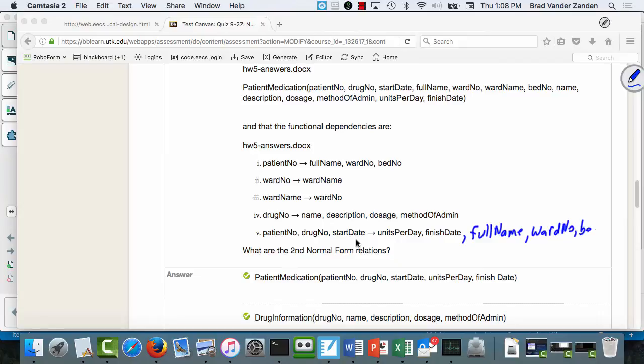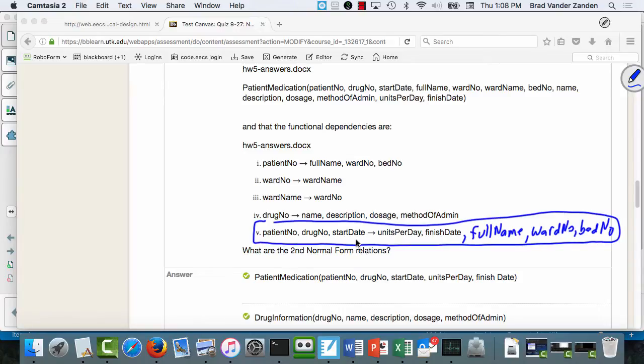So early in the chapter, the book says if this is a dependency, then it claims this is a partial dependency because patient number uniquely determines these attributes. So it claims that this whole thing is a partial dependency.